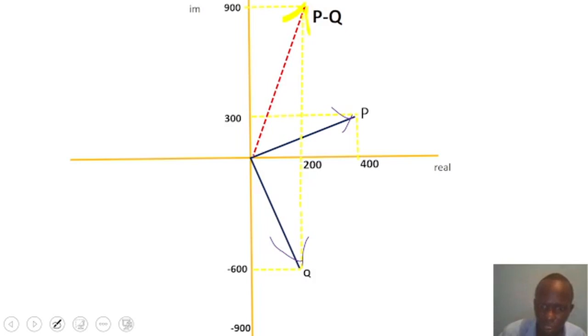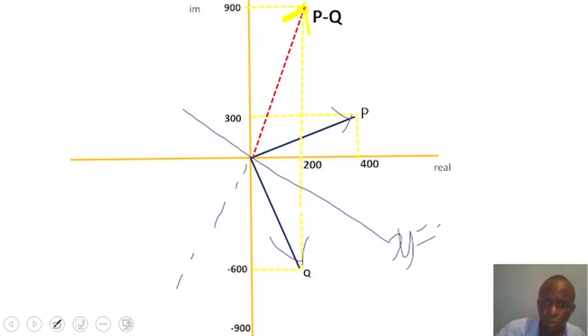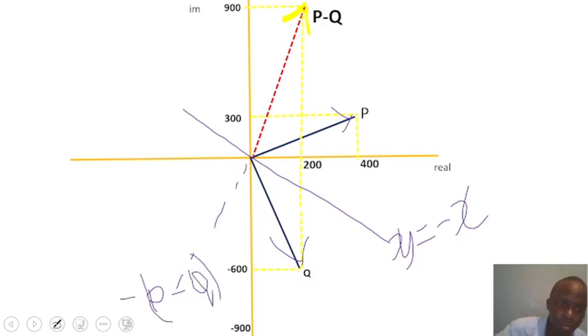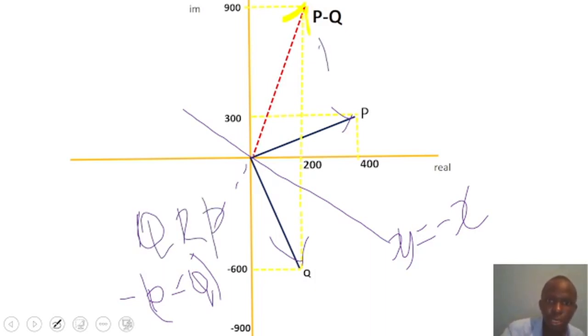Now, after doing that, you realize that P minus Q is like a reflection. Assuming this is your x, y equals minus x is a pure reflection of this P minus Q, so that this is negative. Okay, so this is P, this is Q relative to P, and this is P relative to Q. So what is that angle?